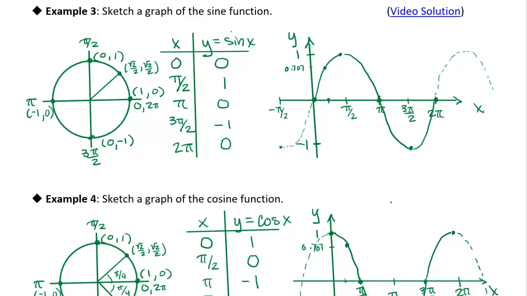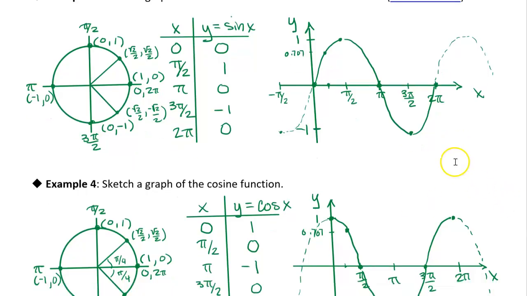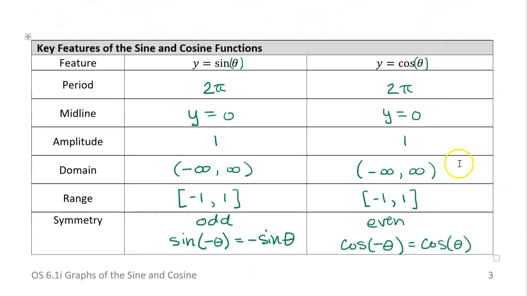The same way here, if I drew pi over 4, the x coordinate here would be a positive square root 2 over 2, but the y coordinate is negative square root 2 over 2. So we call that odd symmetry when the function at the negative value is the negative of the function at the positive value. So sine of negative theta is equal to the negative sine of theta. We call that odd symmetry.